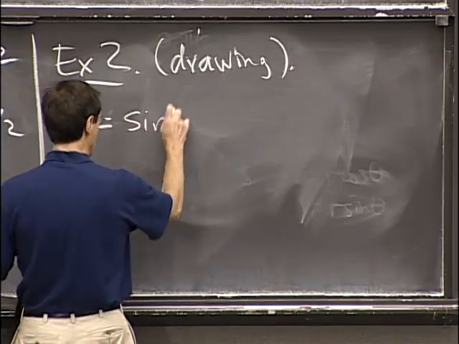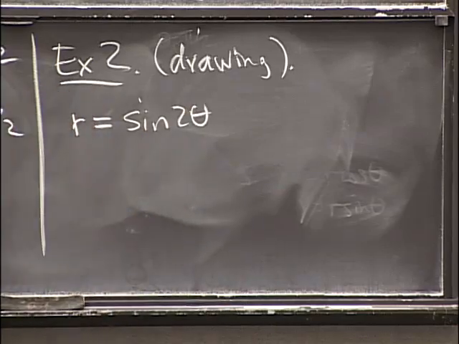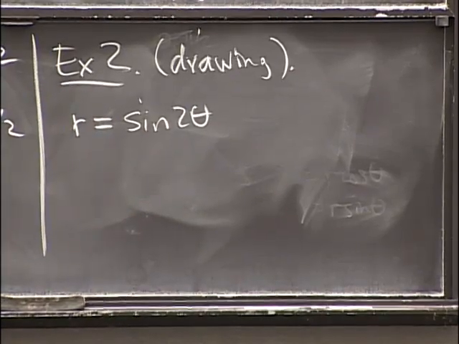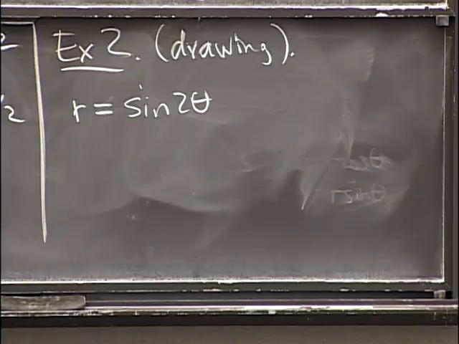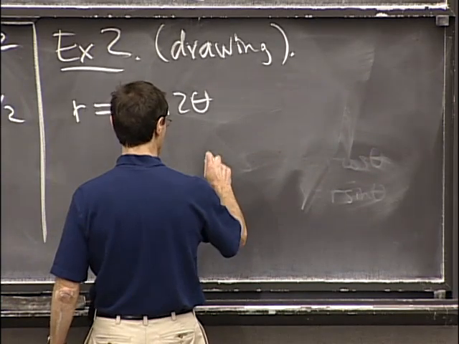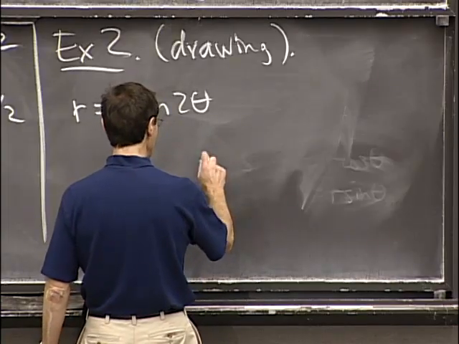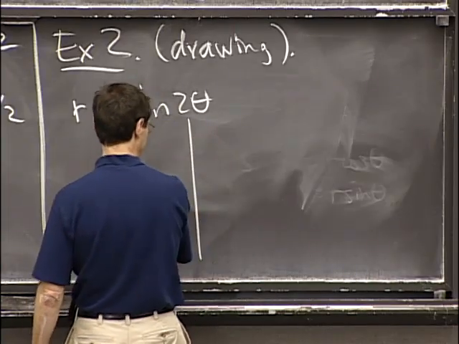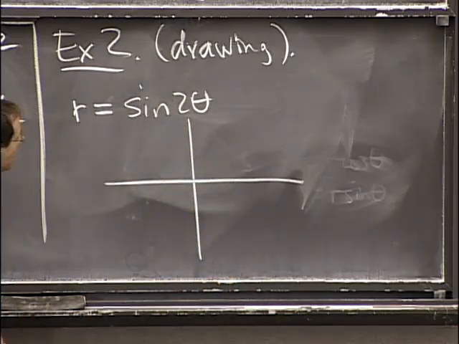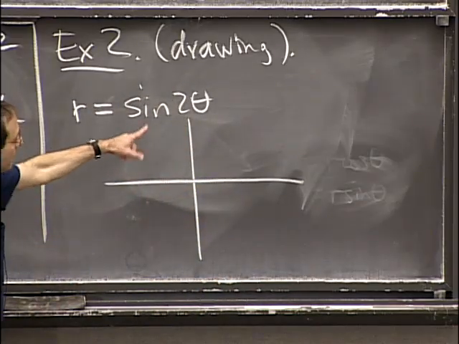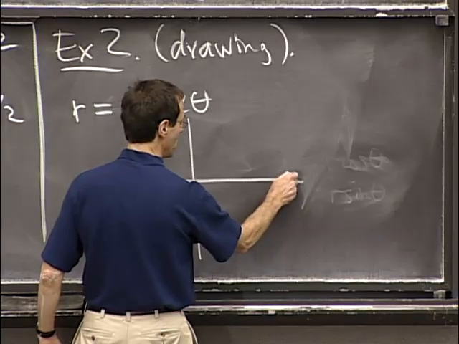So this one is one that's kind of fun to do. This is r = sin 2θ. Something like this is on your homework. And so what happens here is the following. At θ = 0, that's the first place.